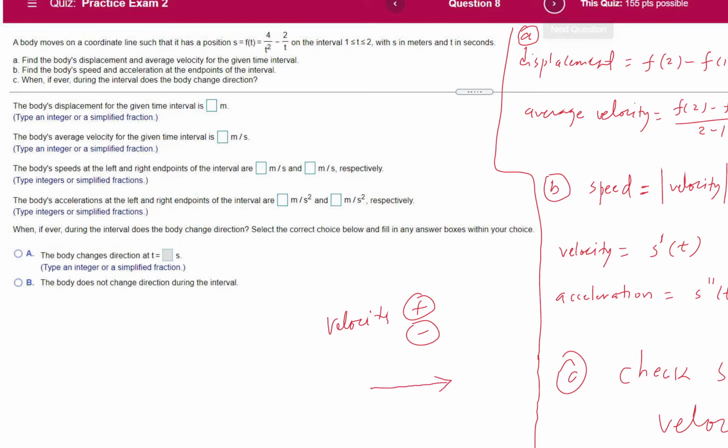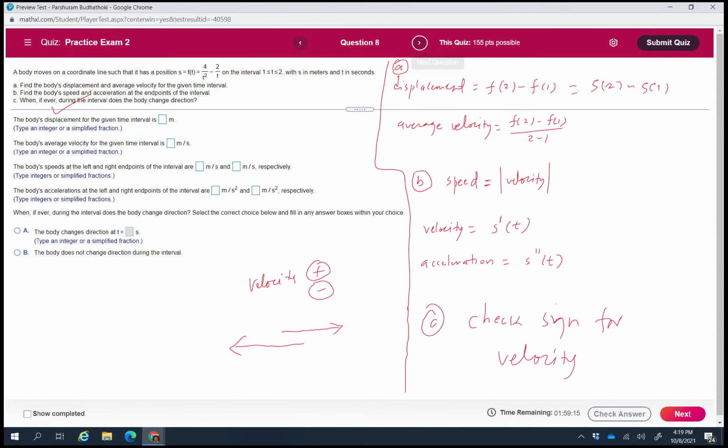And when the velocity is negative, the object is moving in the opposite direction. So to check whether the object is changing direction or not, you just have to find out whether there are both positive and negative velocities, and that can be found by looking at the velocity function. Okay, so these are the three questions we're going to answer by using this relation here.